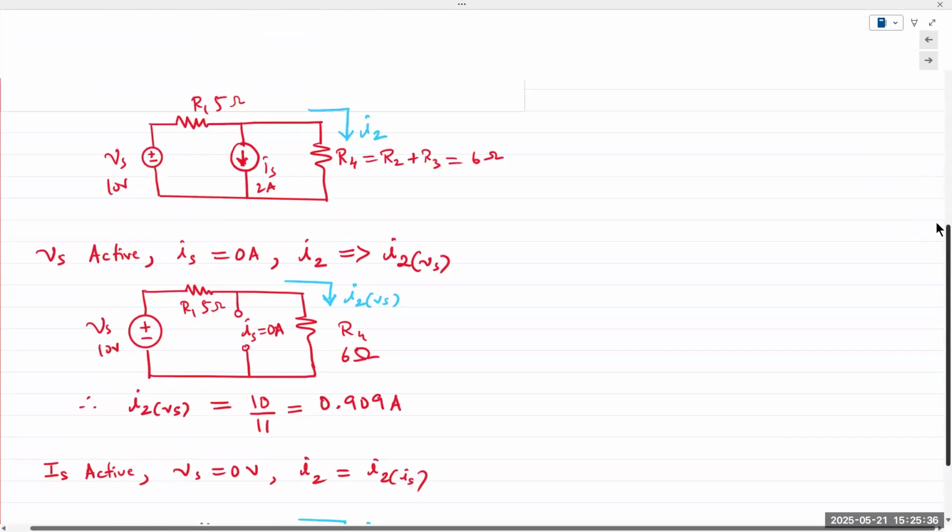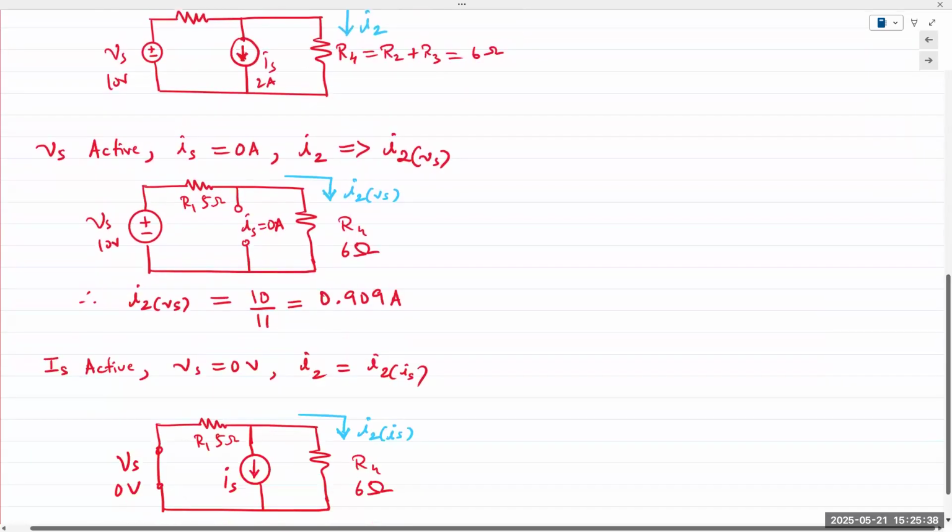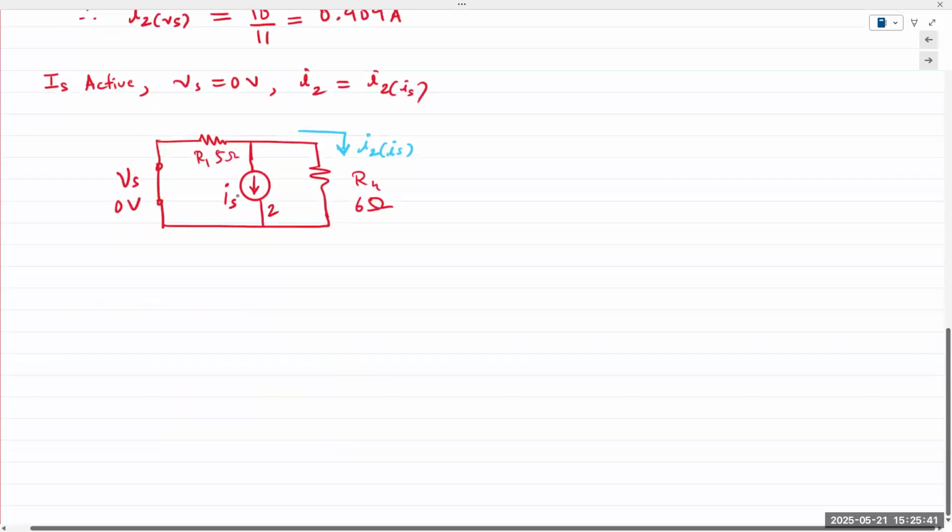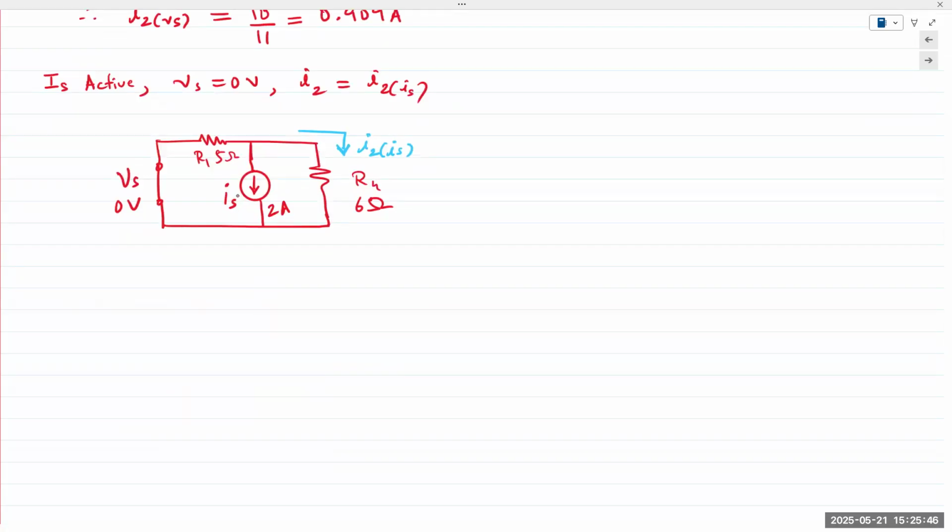What is IS? How much is IS? 2 amps. So what technique can we use to determine the current I2? We have two resistors. So if I redraw the circuit, I can draw it like this. One current coming down. All three of them are in parallel, right? 2 amps, 6 ohms, and this is 5 ohms.